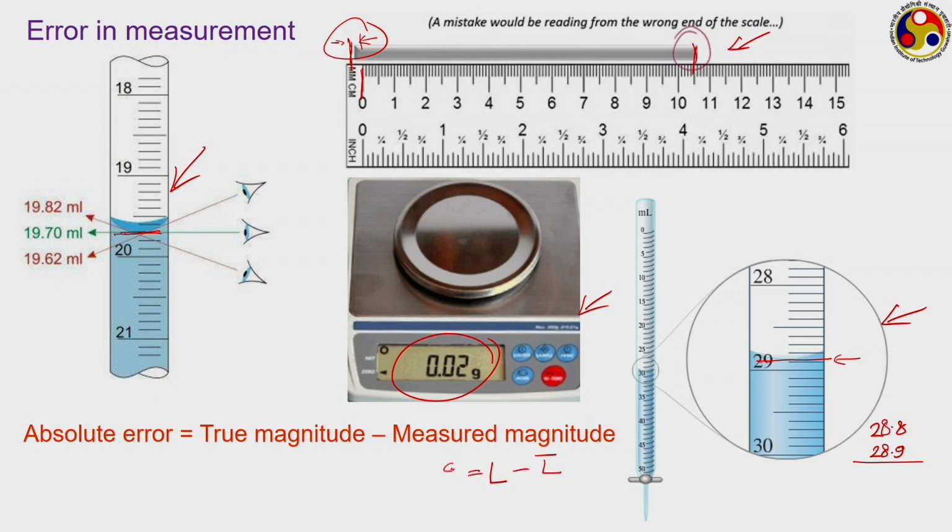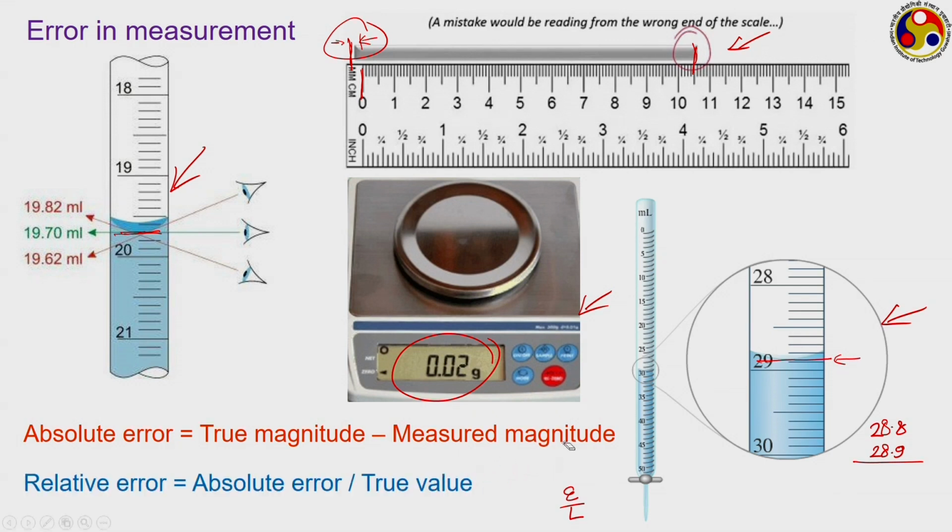Then this difference between L and L bar is what we refer to as the absolute error. And sometimes this absolute error is divided by the value of the true magnitude, and that we refer to as the relative error. So relative error is the ratio of absolute error and true value, or in this case it is (L minus L bar) divided by L, that is 1 minus L bar upon L.